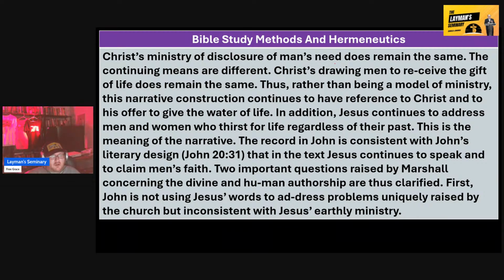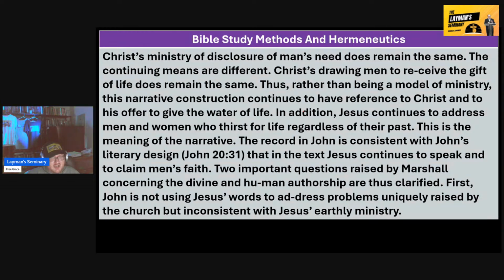Christ's ministry of disclosure of man's need does remain the same. The continuing means are different. Christ's drawing men to receive the gift of life does remain the same. Thus, rather than being a model of ministry, the narrative continues to have reference to Christ and to his offer to give the water of life.